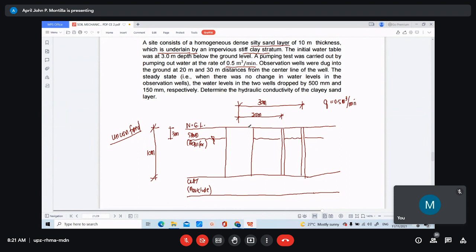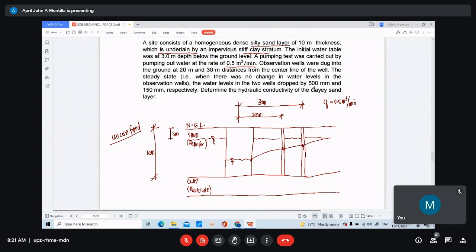Bababa yung level ng tubig doon sa test well at saka observation wells. Initially nandyan, nag-pump out, bababa. Assume natin na nandito na. Kapag bumaba yung level ng tubig sa test well, apektado rin yung level ng tubig doon sa observation wells. Ganyan daw yung figure natin.